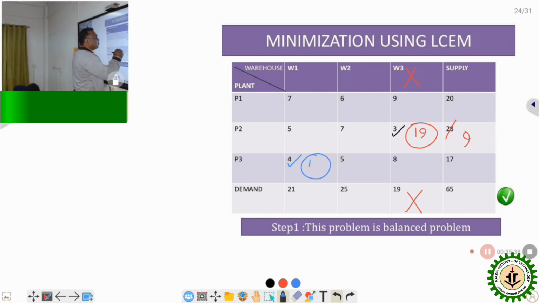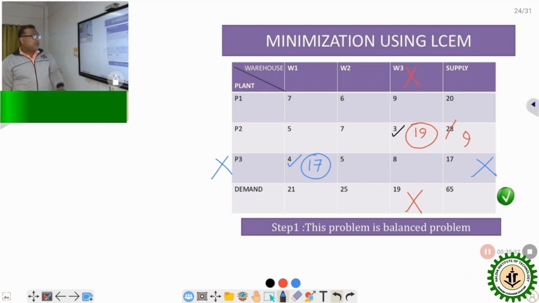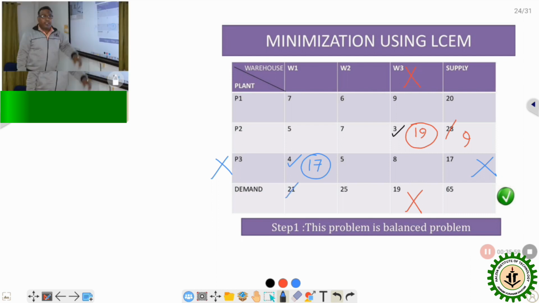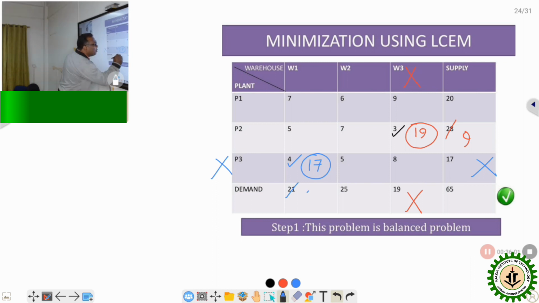So the maximum we can transport is 17 units. And when we have done this, we have no choice of P3 because P3 has no available amount. But W1's demand we have fulfilled 17 units, so 4 units we still have to send for W1.